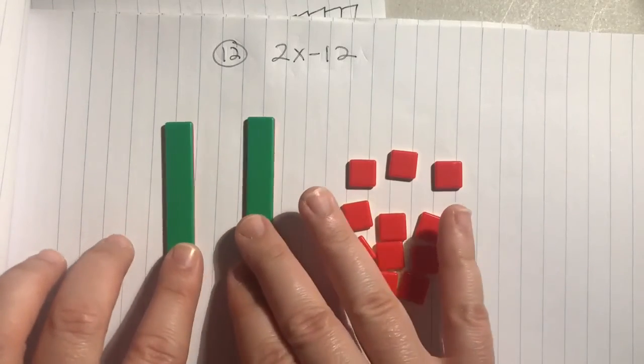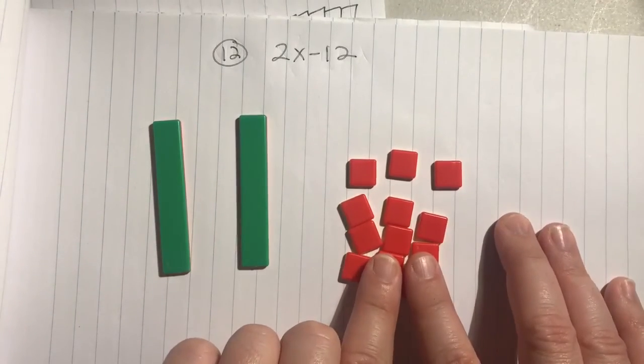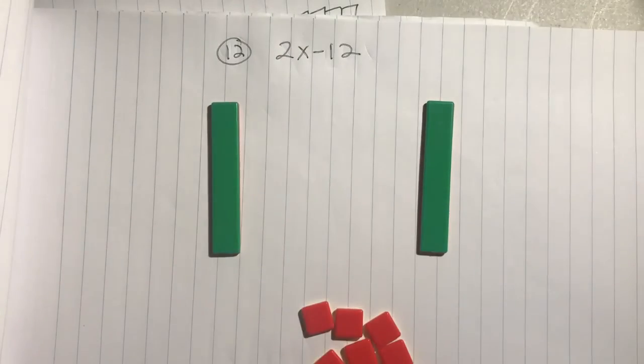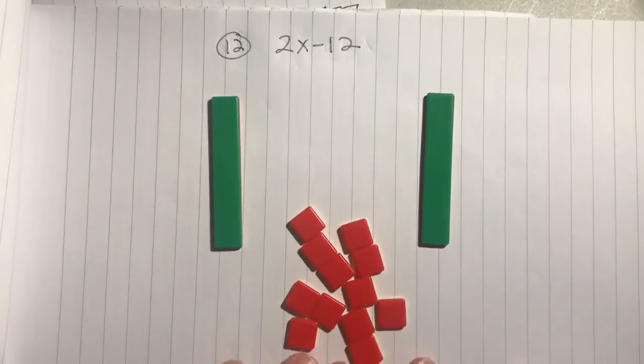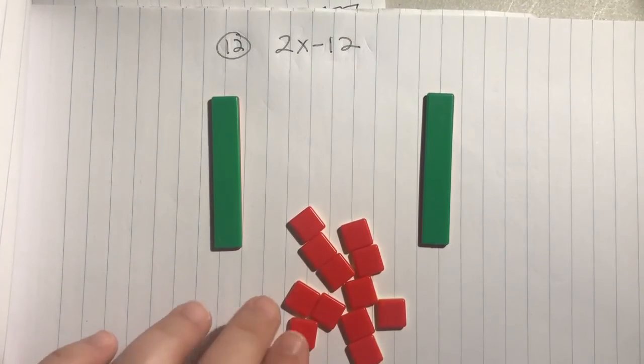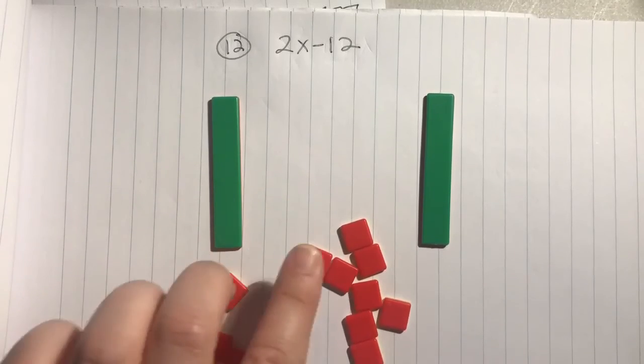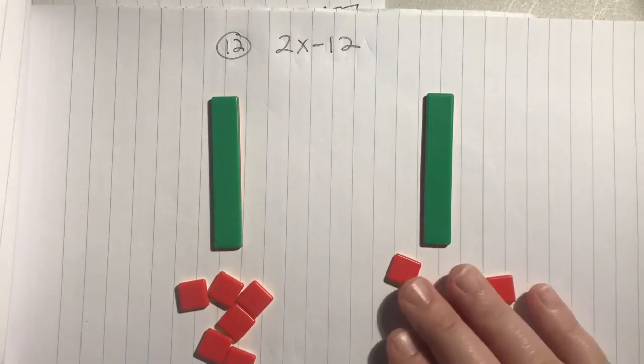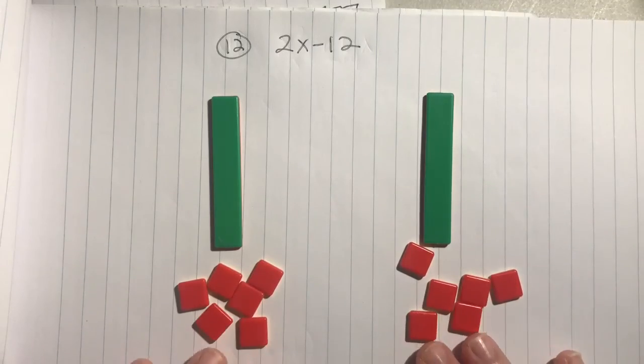Can I split this into 2 groups and this into 2 groups? Let's see. Here's 1 and 2. And how do I split 12 into 2 groups? Well, it should be 6 and 6. So 1, 2, 3, 4, 5, 6 on that side, and then 6 on this side.